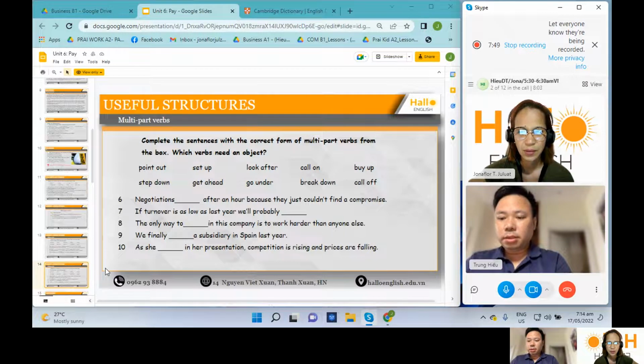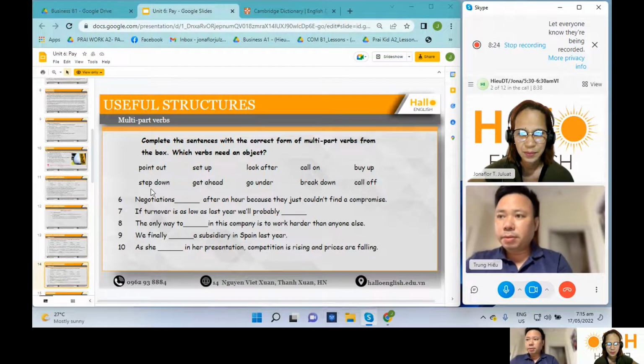So negotiations blank after an hour because they just couldn't find a compromise. So what is the verb? Step down?